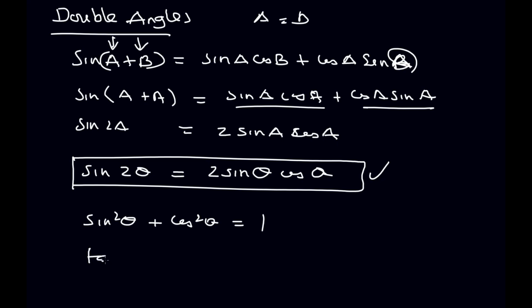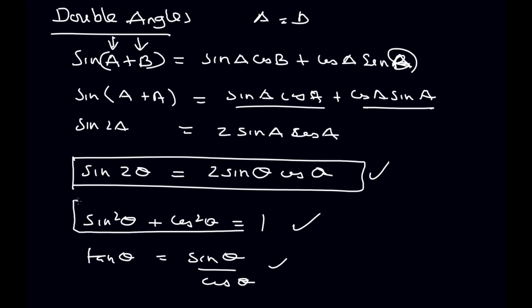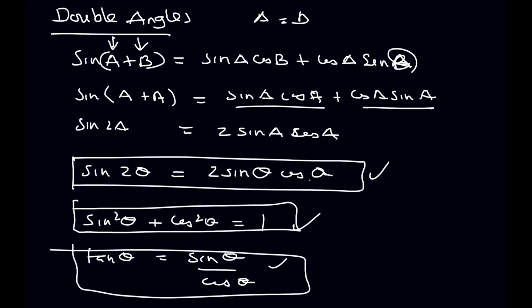Obviously, with this tan theta is equal to sine theta over cos theta. Know these three, because these are the ones that you meet in most of the identities that you have to prove. So know these ones by heart. This you can know how to derive it, and then these you already know.